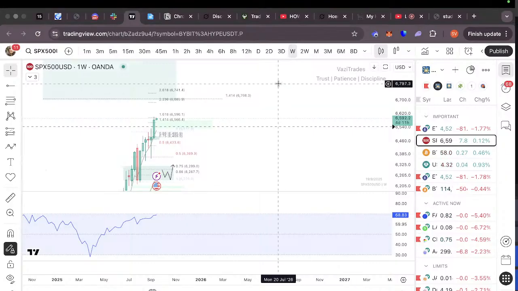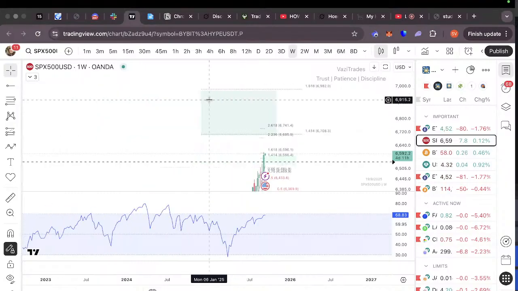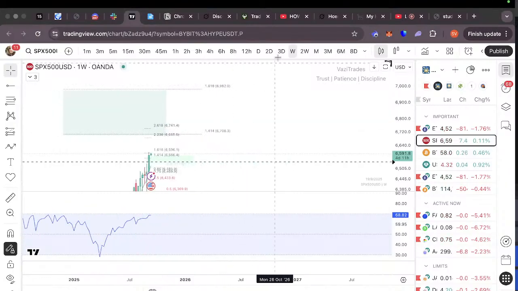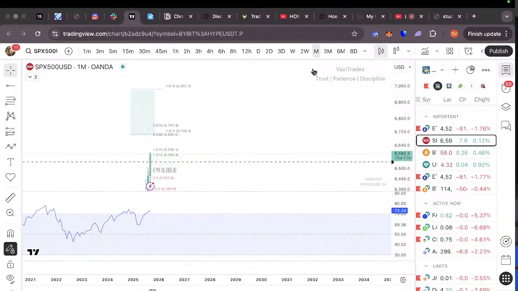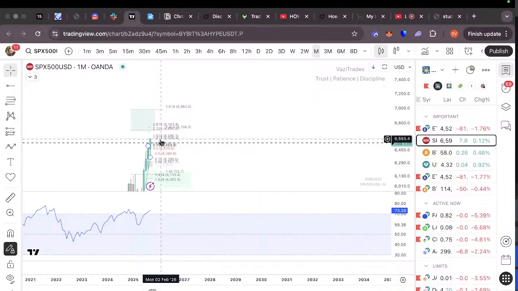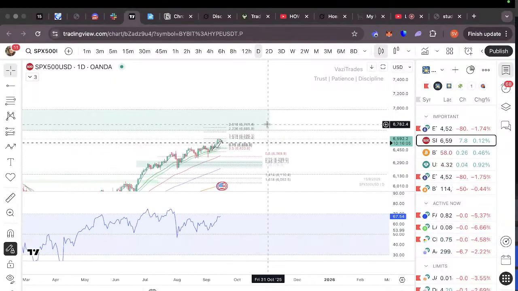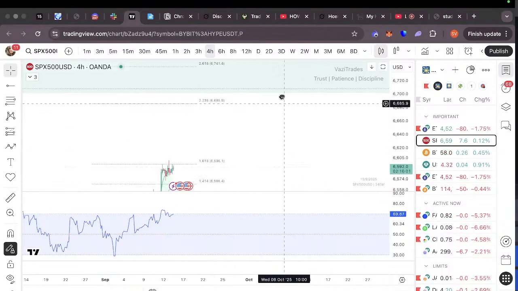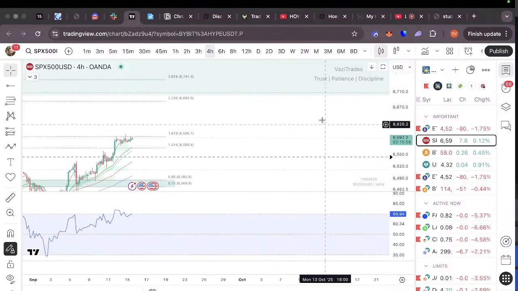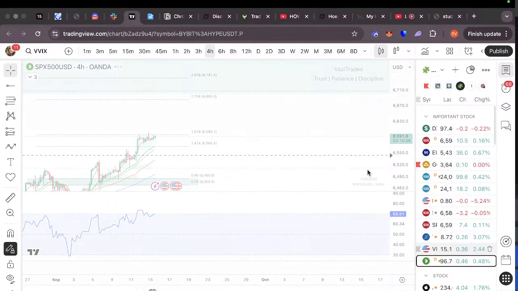Weekly looks beautiful. I'm waiting for this target, honestly, around 7K for SP500. Monthly it could give it easily. Also, most stocks were looking good. The stock market was looking like it would give bullish momentum.